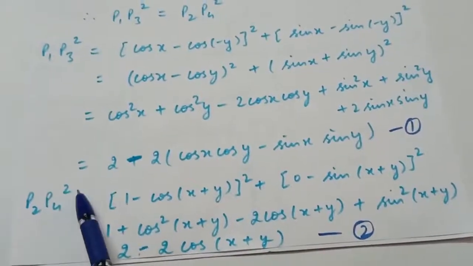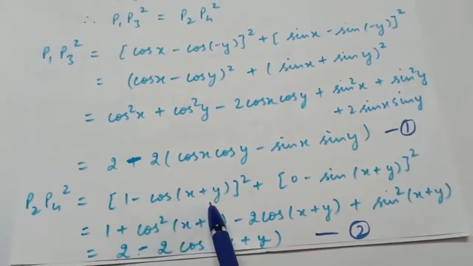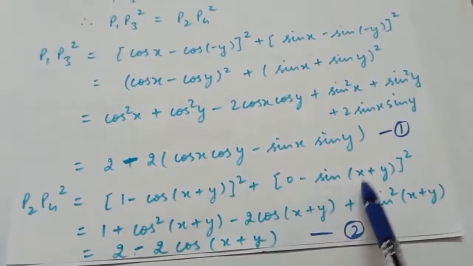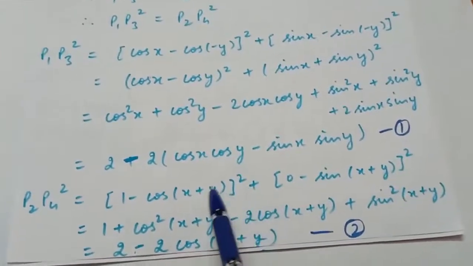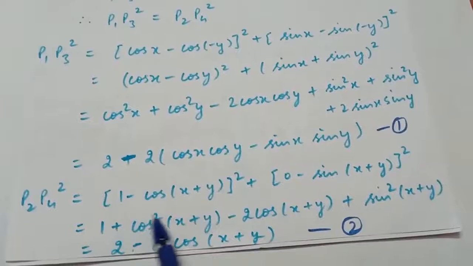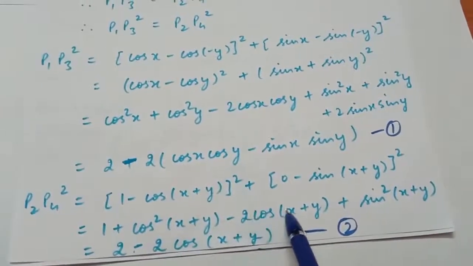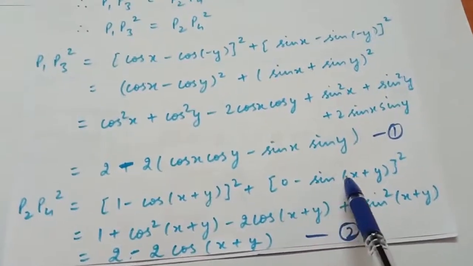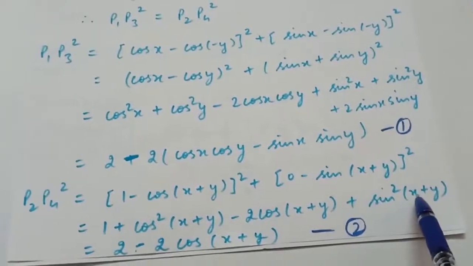Similarly, the distance P2 P4 square will be (1 minus cos(x plus y)) whole square plus (0 minus sin(x plus y)) whole square. When you open this square, you will get 1 plus cos square(x plus y) minus 2 cos(x plus y) plus this will be (0 minus sin(x plus y)) whole square, that is sin square(x plus y).